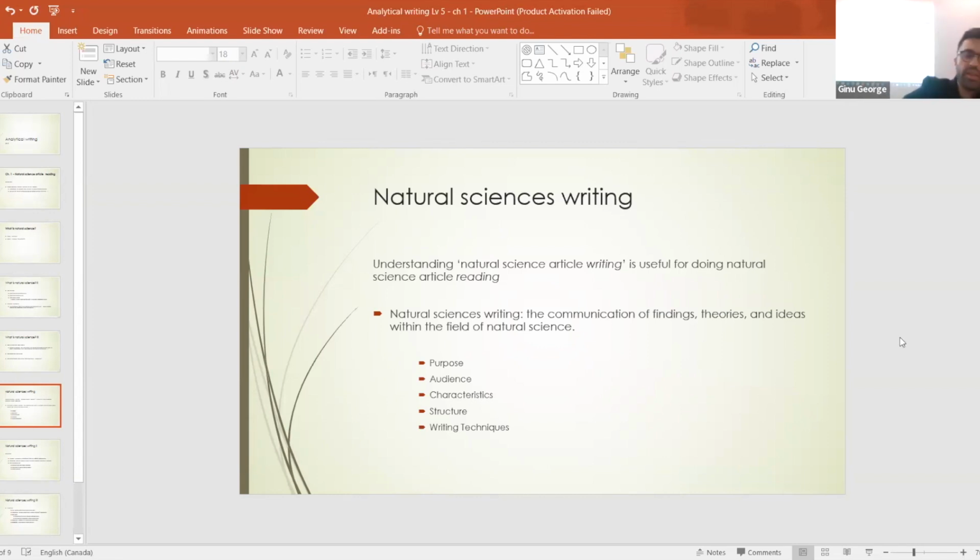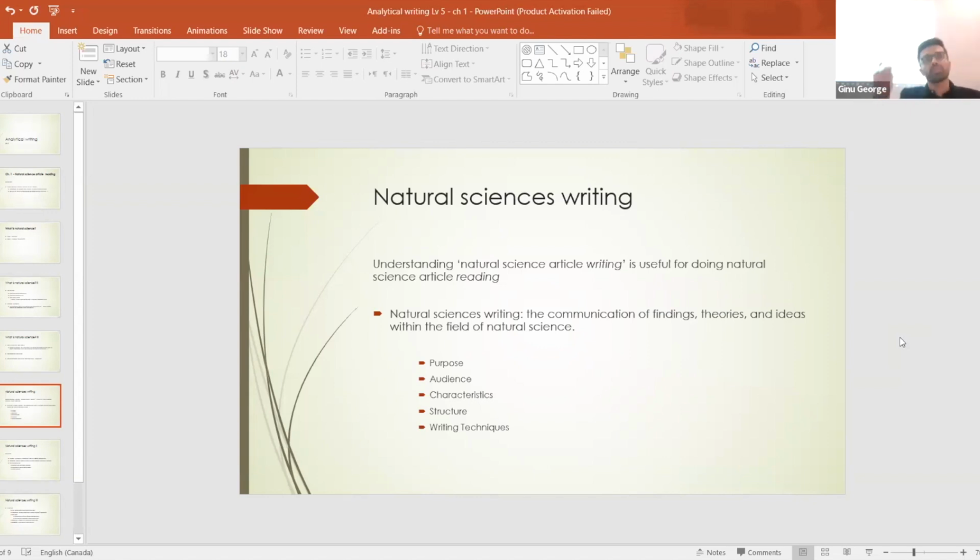So generally speaking, we can say that what one tries to do in a piece of writing like this is to communicate, inform, or convey some information about the natural world that is either a finding, a discovery, like you said, or is some kind of theory or idea that explains something.